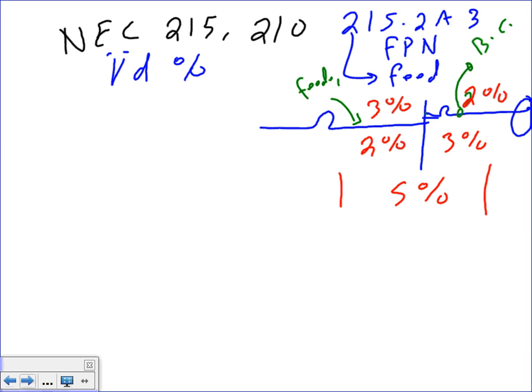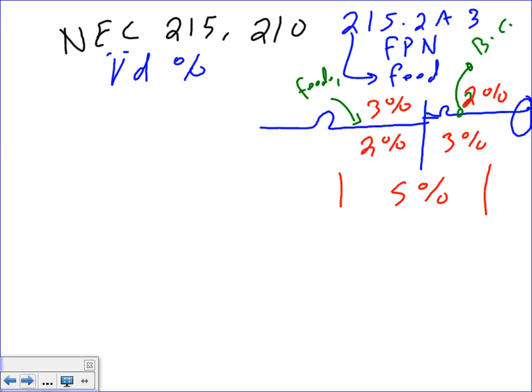And if you go to the article that talks about branch circuits, which is Article 210, you'll find the same note that they will give you 3 or total of 5. So all it's really saying is that if you have 3% on your feeders, you can't have more than 2 on the branch circuits. Or if you have 2 on the branch circuits, you can't have more than 3 on the feeders. Am I clear, guys, about this? 2, 3, or 3, 2. So most of the engineers, here's what most of the engineers do, guys.